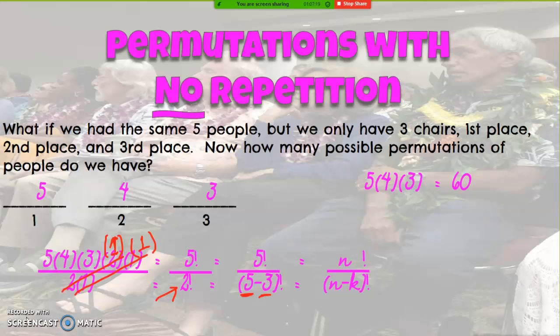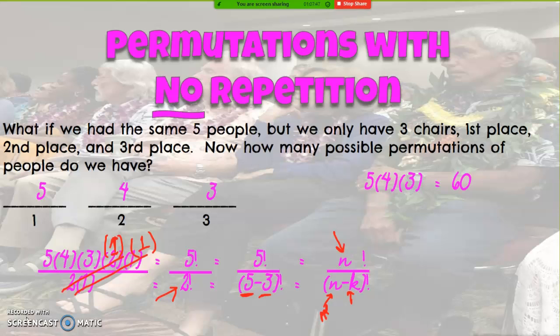So if I ask you, show me the formula for finding the number of permutations with no repetition, you would say the number of possible people that we have, factorial, divided by the number of possible people minus the number of possible chairs.